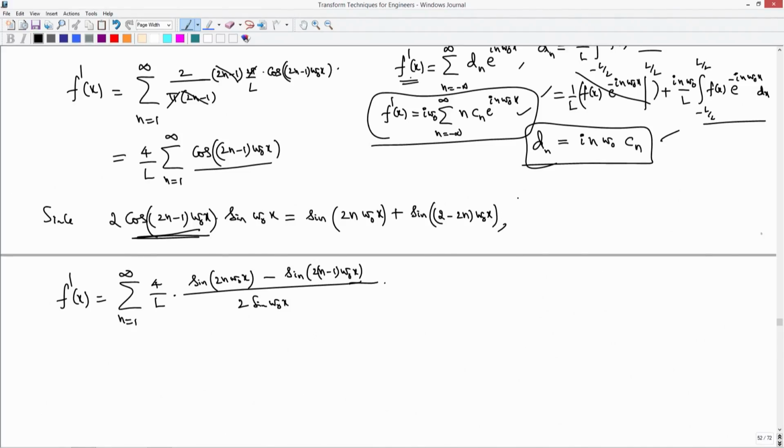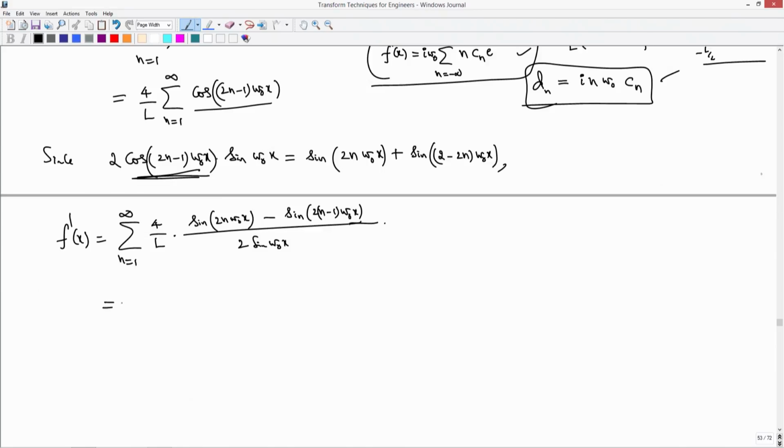Once you have this, I will just rewrite this as a limit: 2 divided by L sin omega naught x, and you have this sum n from 1 to infinity of sin 2n omega naught x minus sin (2n minus 1) omega naught x.